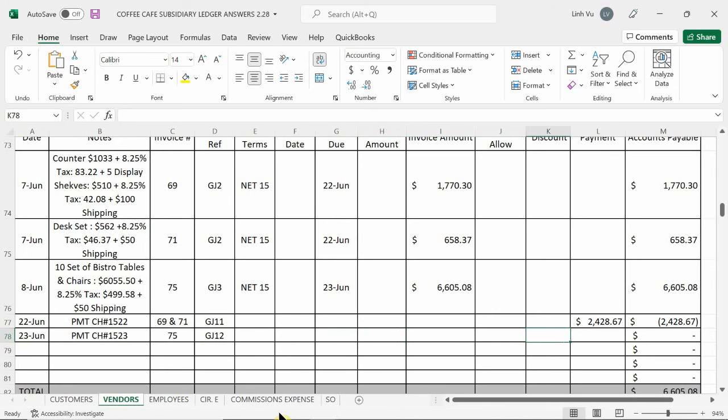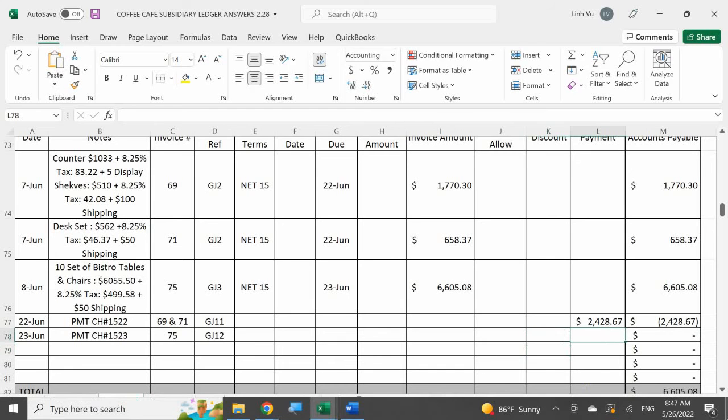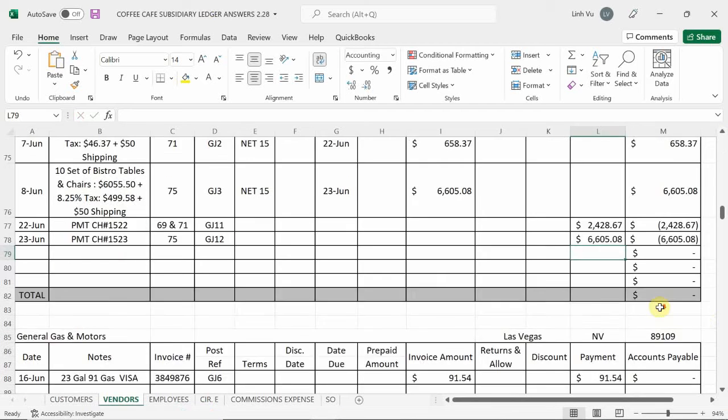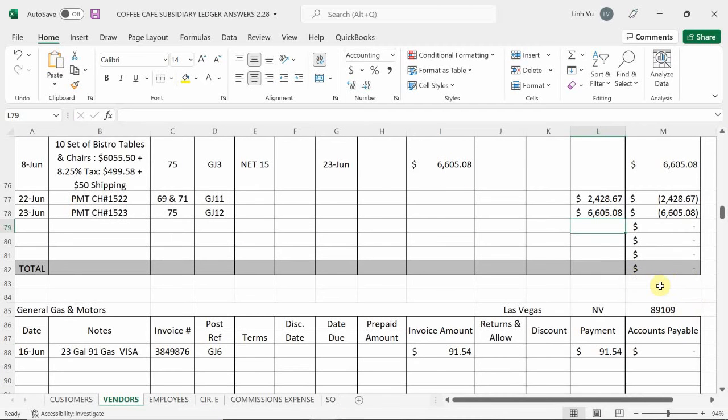I made a payment for 660508. Wrong column. 660508.